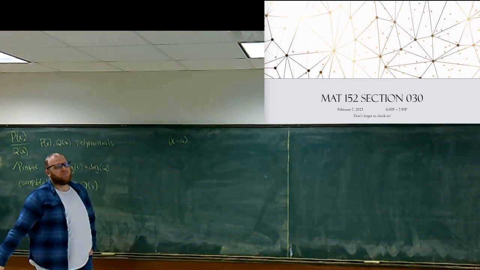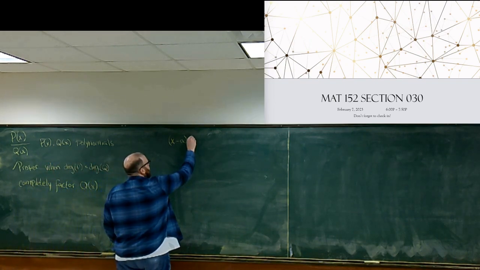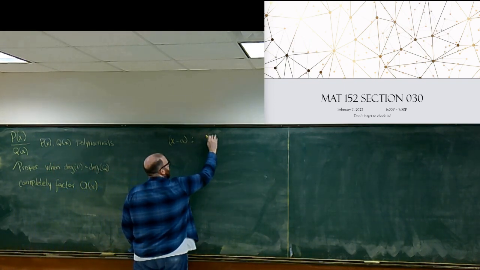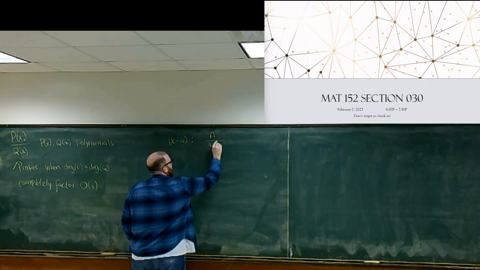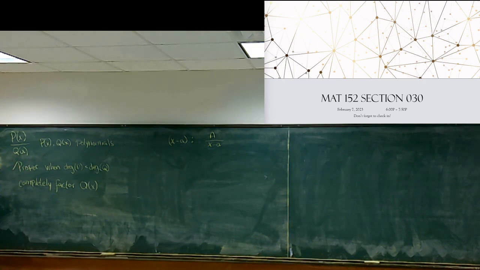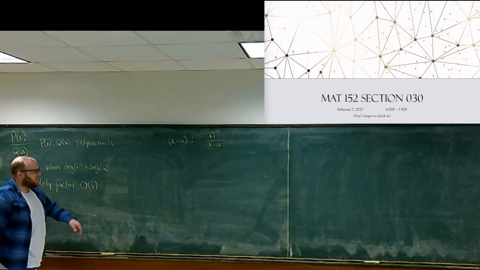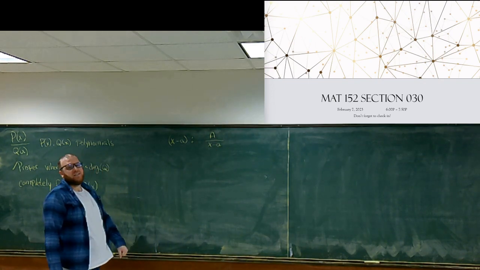If x minus a is a factor, that contributes one term to the decomposition. Capital A over x minus a, where this capital A is a constant that needs to be found.